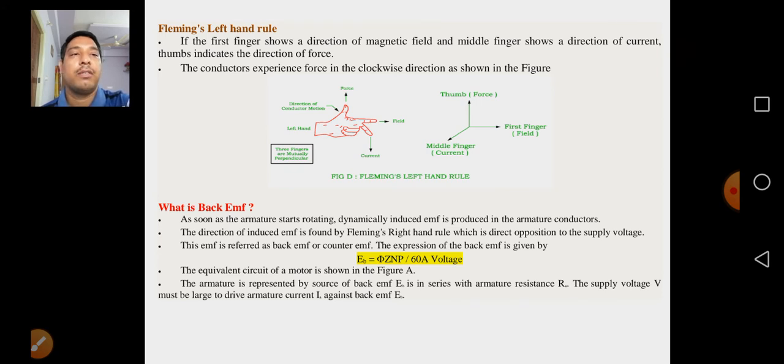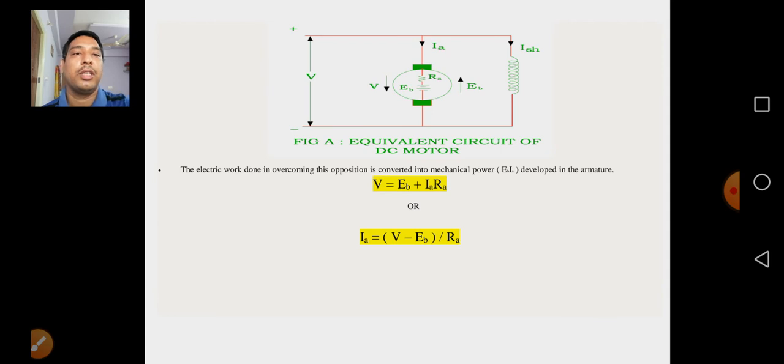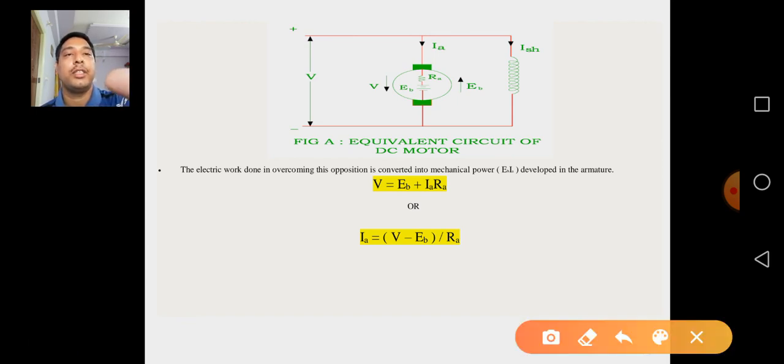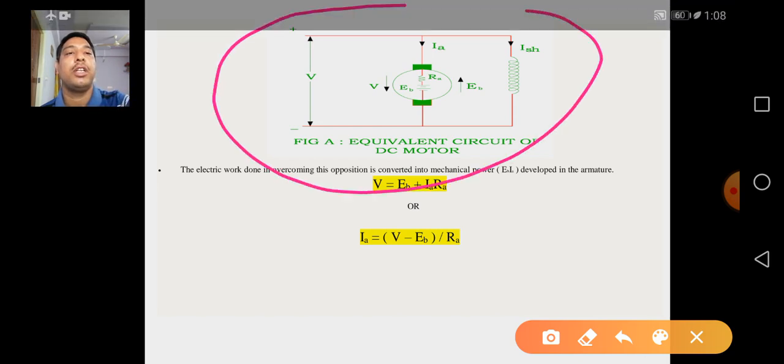And the next part, I am showing the equivalent circuit of the DC shunt motor here. How we represented the shunt generator previously, the same way here we are representing the shunt motor. So this is the total equivalent circuit representation of the DC shunt motor.